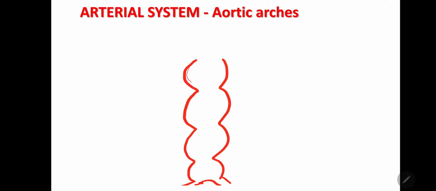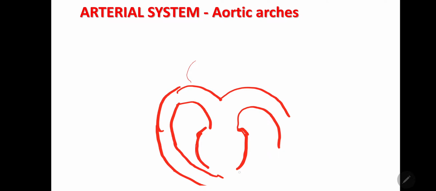Here the truncus arteriosus will be attached to the right and left dorsal aorta. This aortic sac, which is the cephalic portion of the truncus arteriosus outside the pericardium, is connected to the right and left dorsal aorta.